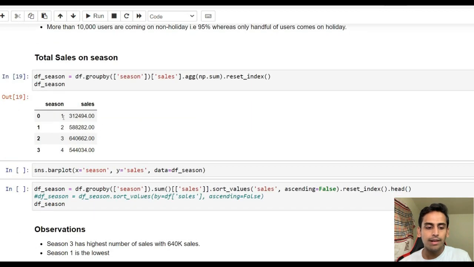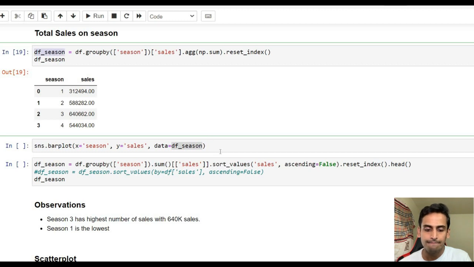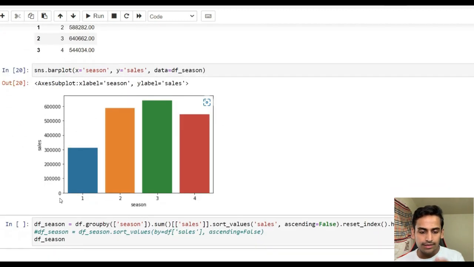It will tell me that across 4 seasons, this is my total volume of sales. Now, in order to see it on a bar graph, we can use the function sns.barplot. X equal to season because we want to plot the dimension on the x-axis. On the y-axis we are plotting the sales, and for data I'm passing df_season, which we have calculated here. And now we can see on the bar plot that season 3 has the highest sales volume and the least is season 1.